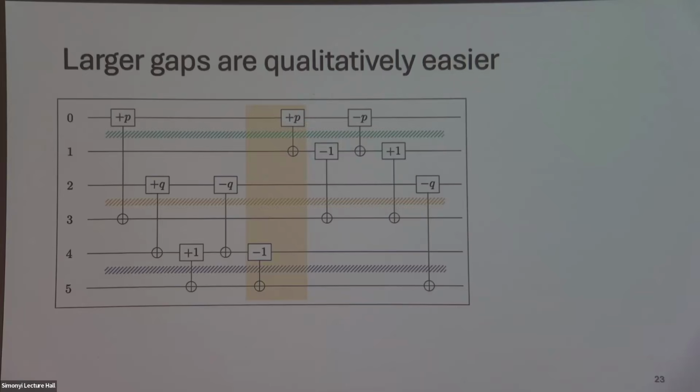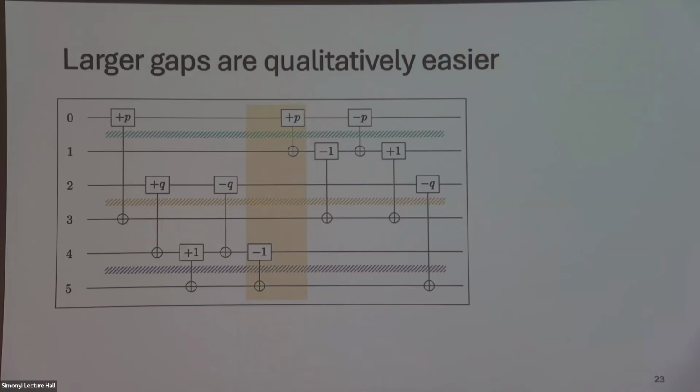And what is the allowed transformation here? You can swap this +p and this -1. You can commute. But that will require you to make a big gate. No, these just commute. Oh. They use disjoint sets of wires. So the only case where they don't commute is when the output wire of one is the same as the input wire of the other.